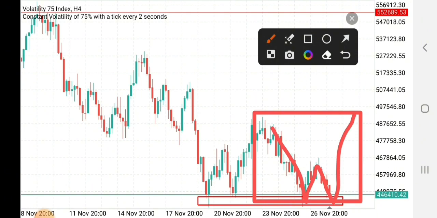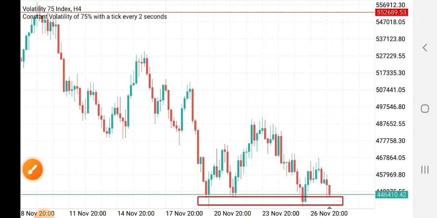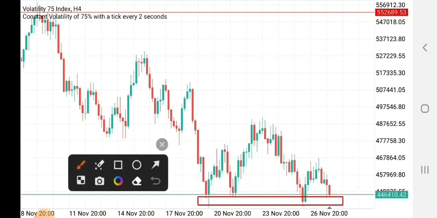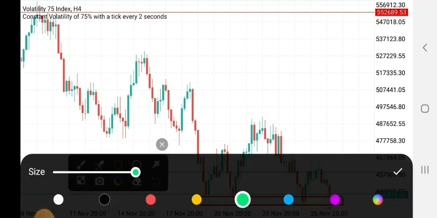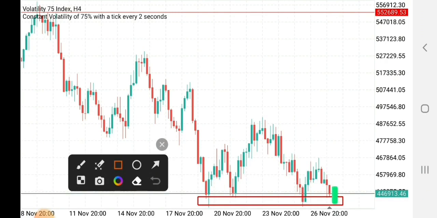So the traditional way of trading this is just to wait for maybe a bullish candlestick pattern somewhere here. Maybe you want to see a bullish candlestick pattern here, then you buy at this zone.